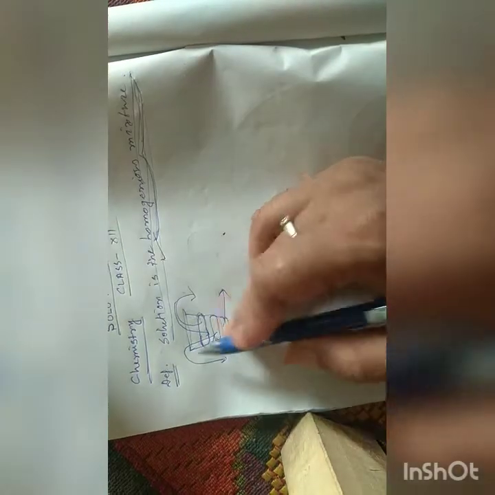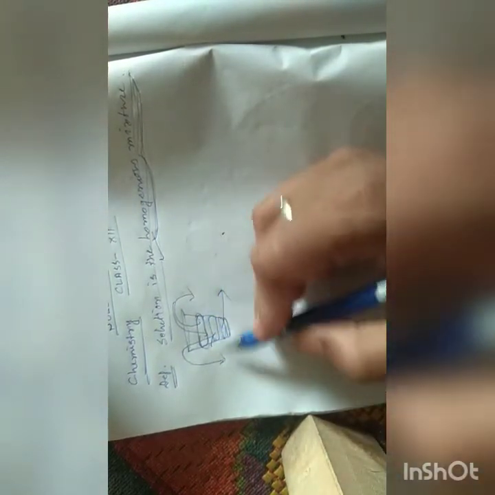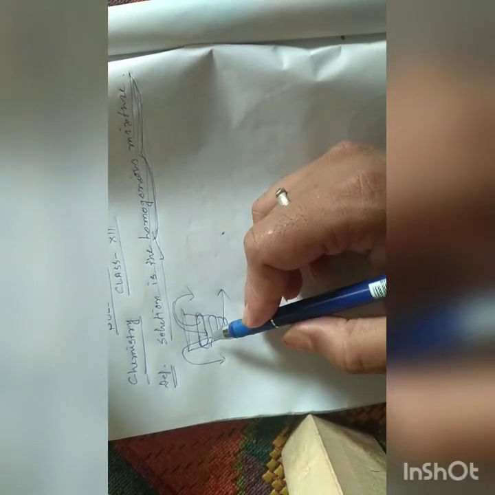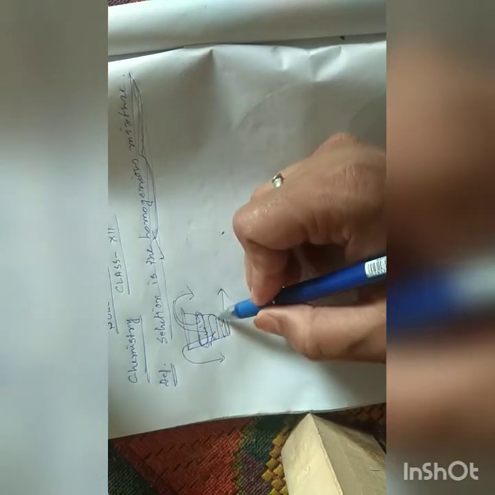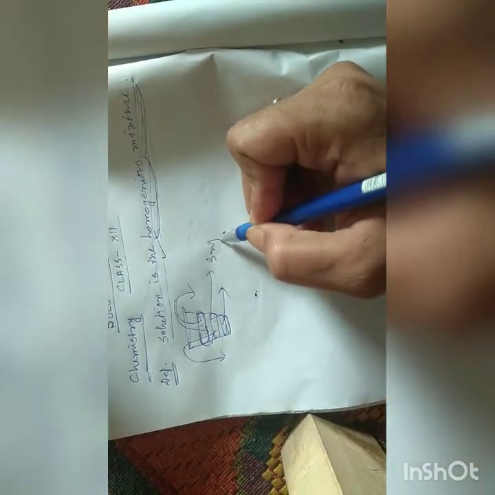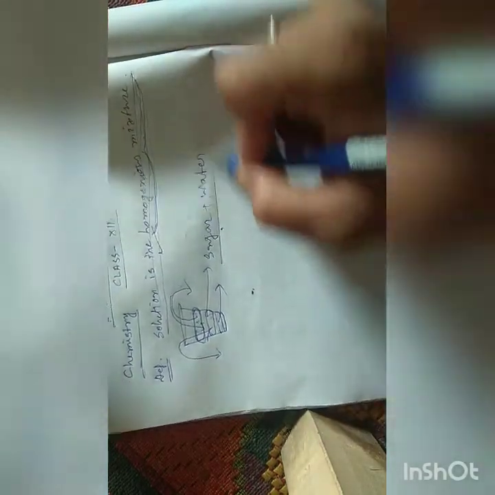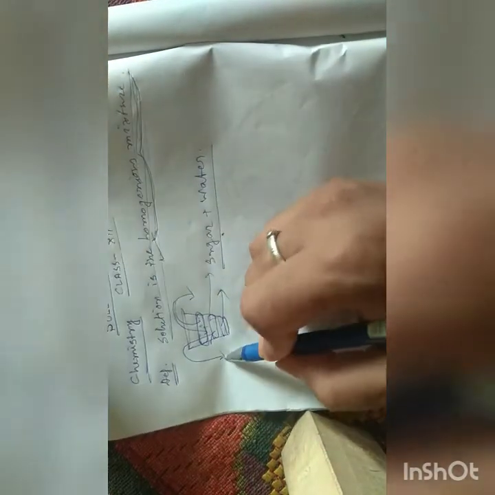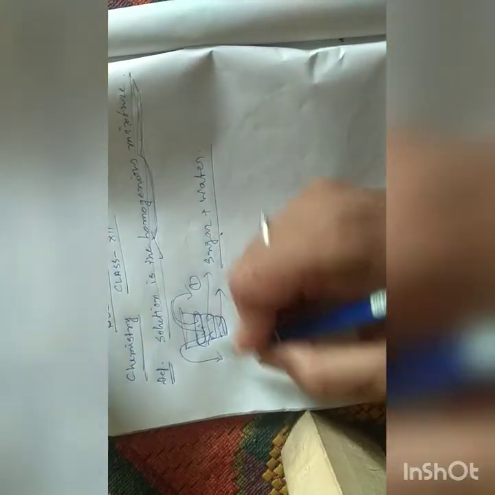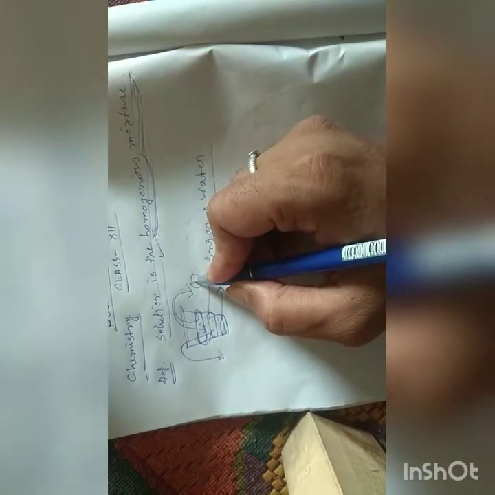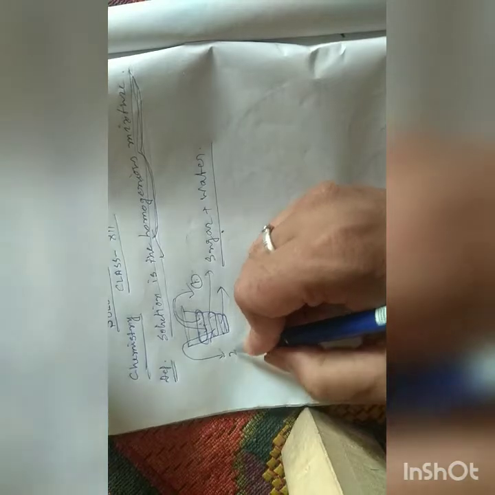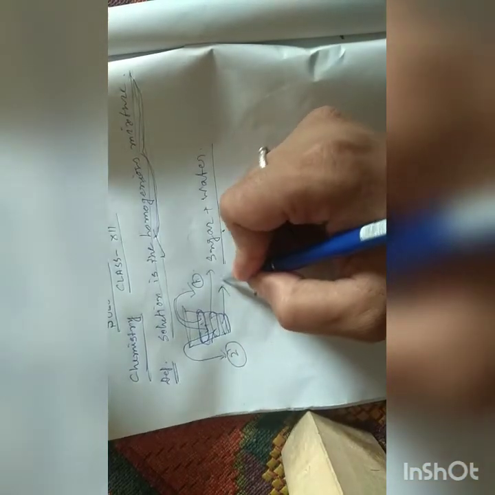We have to collect water from 3 levels of the solution. From this sugar plus water mixture, we have collected 3 parts: one from the top or surface level, one from the middle level, and one from the lower level.